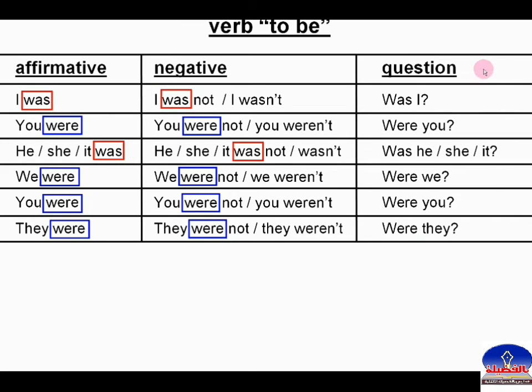Okay, with regular verbs, remember, we said did. But for the verb to be, we simply reverse the order of the words. So I was is was I. You were is were you. So we change the order of the words. Was and were. So very, very important. You must learn all of these.